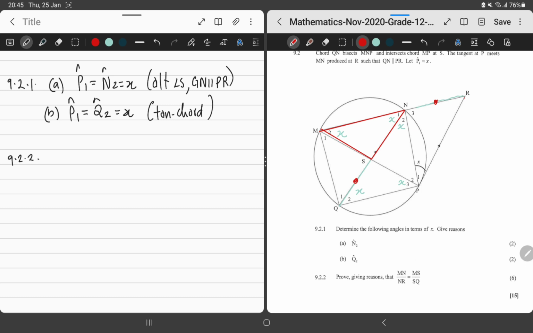So it means that there must be two lines that are equal to each other. So let's try and do this. We'll have a line there, and then I'm just going to use triangle QSP.